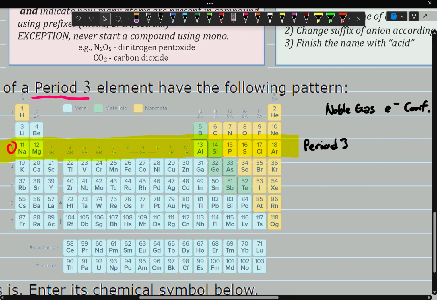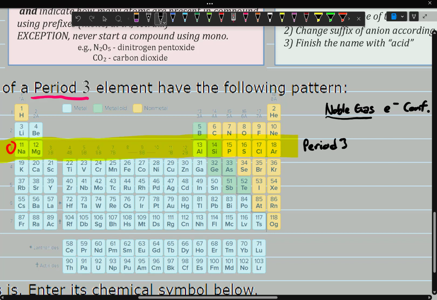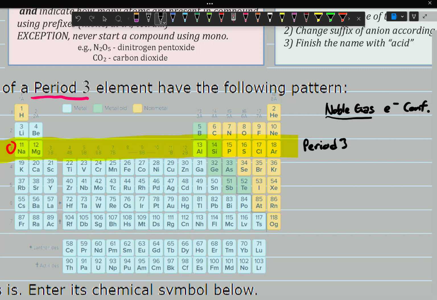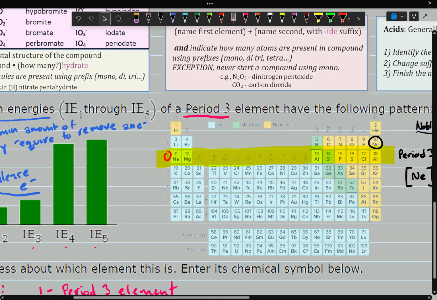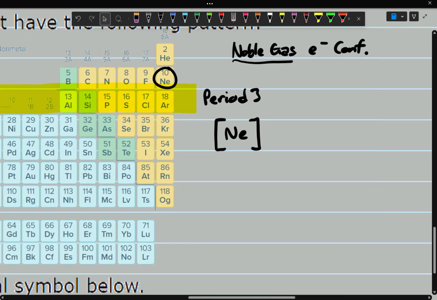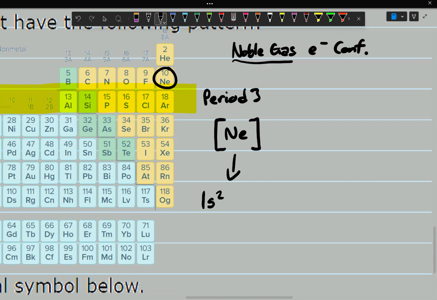So the noble gas that corresponds to the electron configuration before period 3 is going to be neon, which is 10 electrons. So you would start off with neon. Just in case, neon is 10, so neon represents 1s2, 2s2, 2p6.